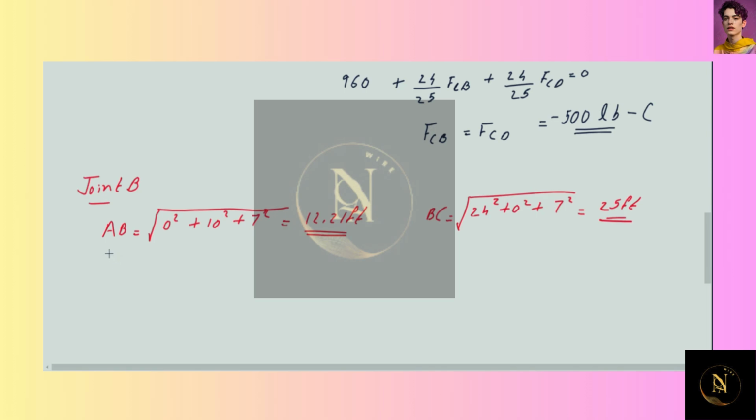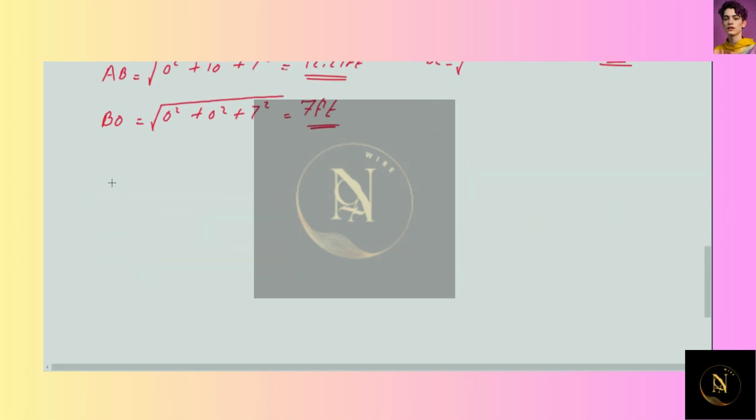Now let's calculate BO. BO will be equal to 0 square plus 0 square plus 7 feet square, and this is just 7 feet itself. Now let's calculate the values.